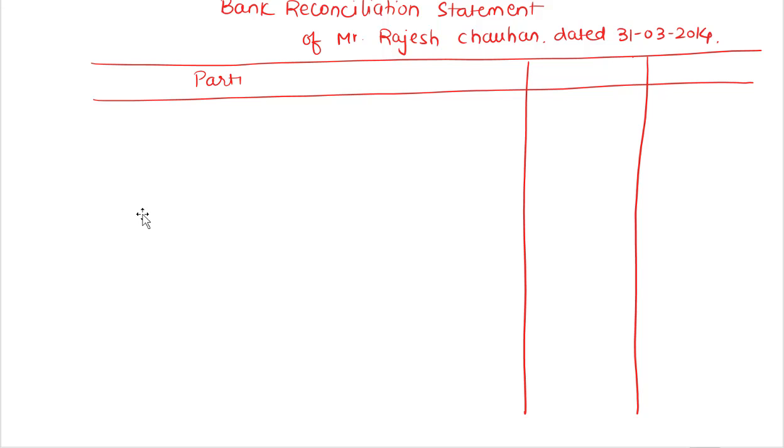Particulars. Just write amount over here. Let's begin. Balance as per cash book.